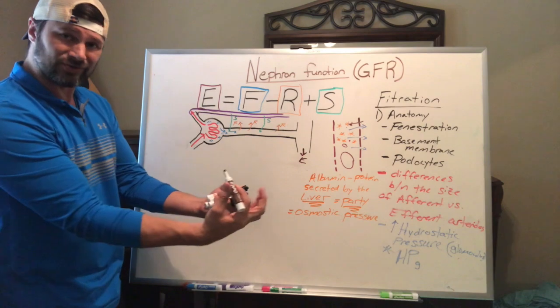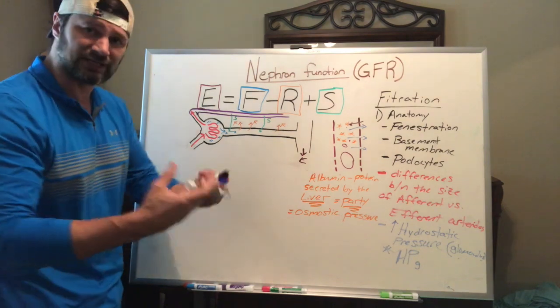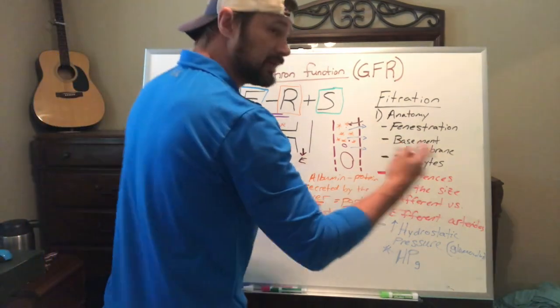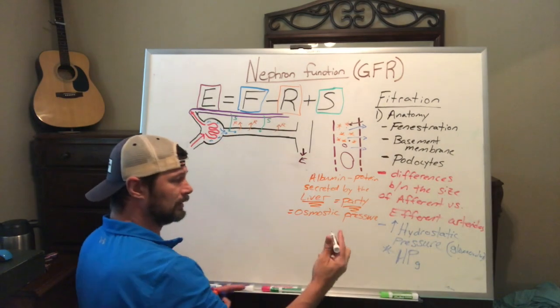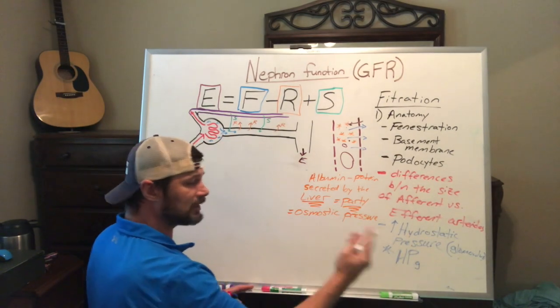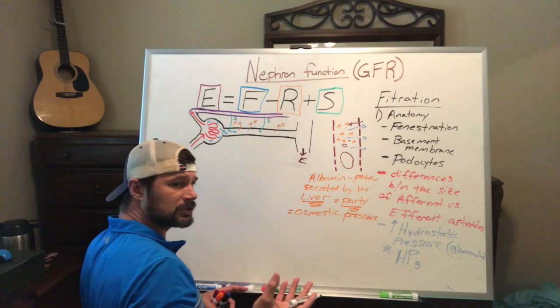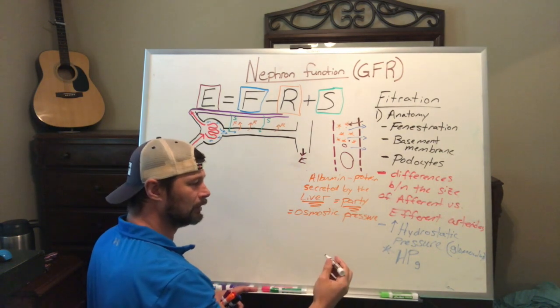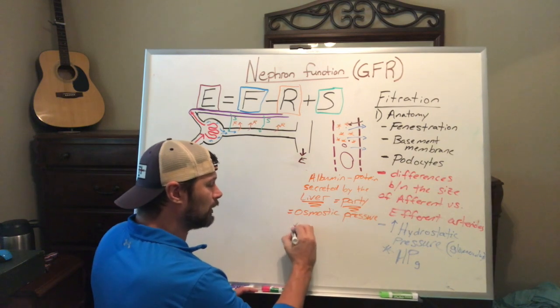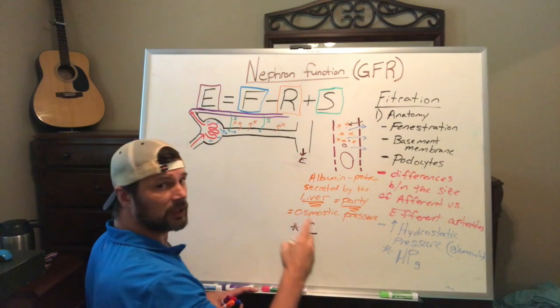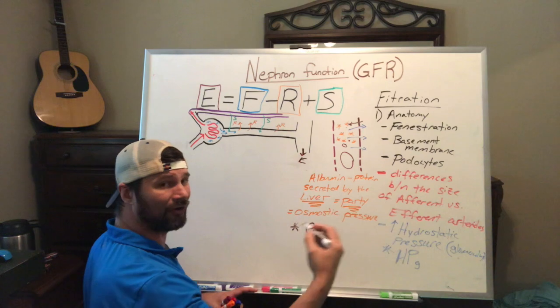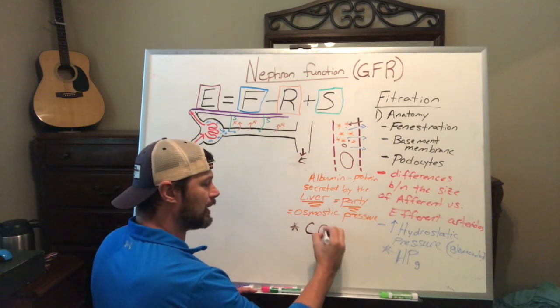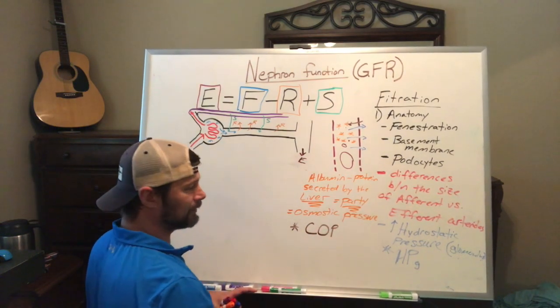This is constantly trying to oppose filtration. It's fighting against filtration by saying, no, no, no, water, stay here. This is called osmotic pressure, the pulling pressure of the party. Peer pressure, right? And we're going to abbreviate this one colloid, because protein in a solution is called colloid. Osmotic pressure, COP.